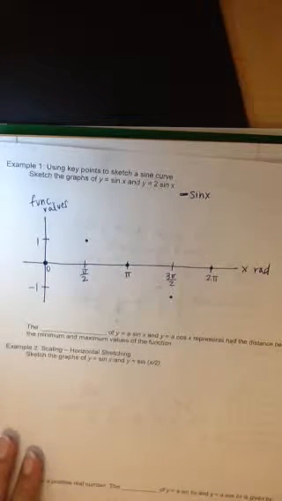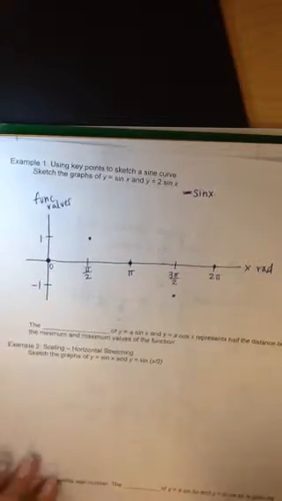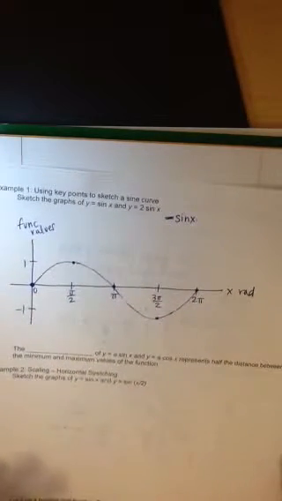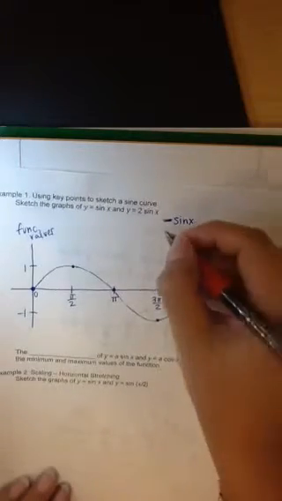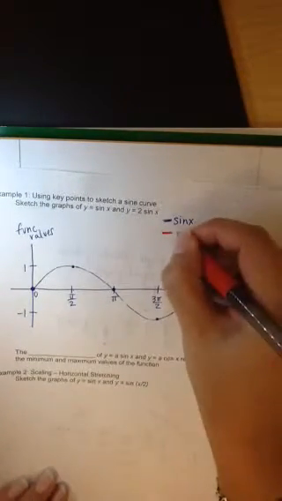Get your curve going on. Mine looks like a V. Spread it out.